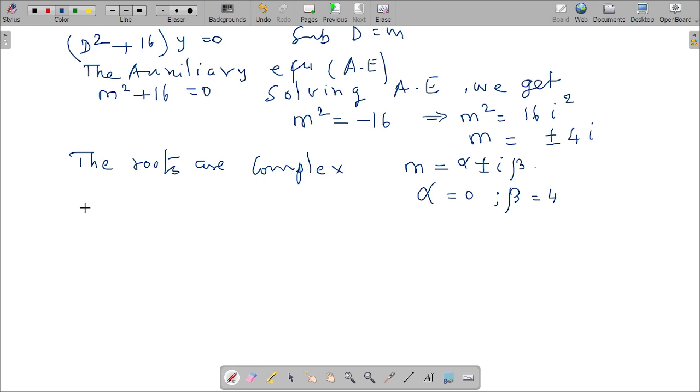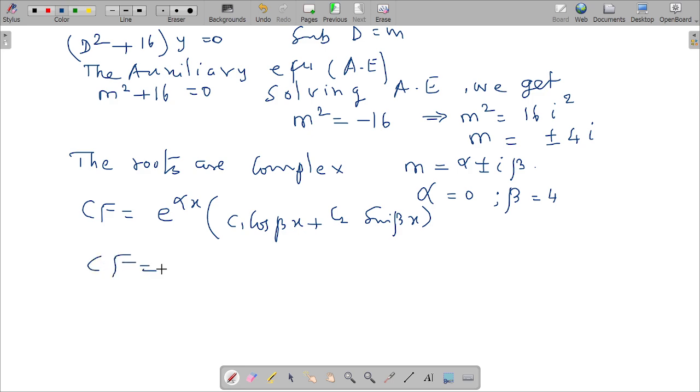So what is the complementary function here? If the roots are complex, the complementary function is e power alpha x, c1 cos beta x plus c2 sin beta x. Substituting alpha and beta, e power alpha x, alpha is 0, e power 0 is 1.